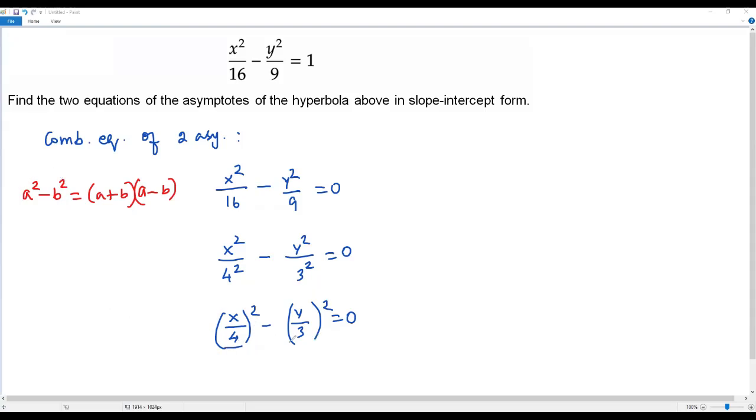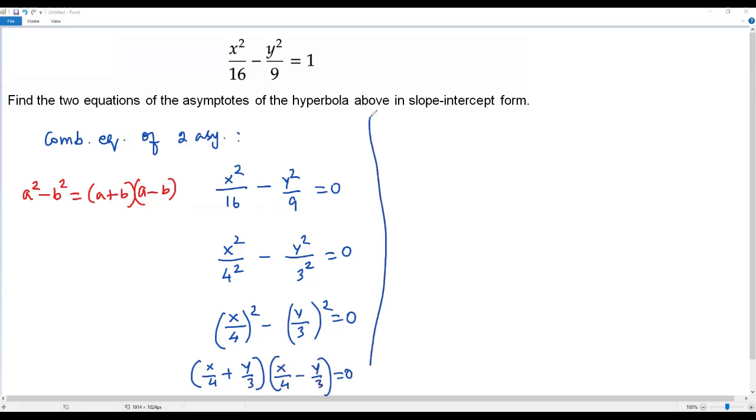Instead of a, we have x over 4, and instead of b, we have y over 3. So this expression can also be written in factor form, a plus b times a minus b, by replacing a by x over 4 and b by y over 3. Then I'm getting x over 4 plus y over 3 times x over 4 minus y over 3 equals 0.